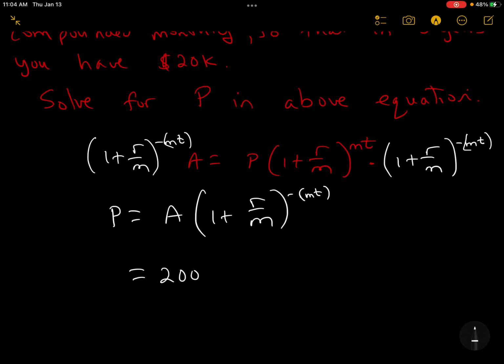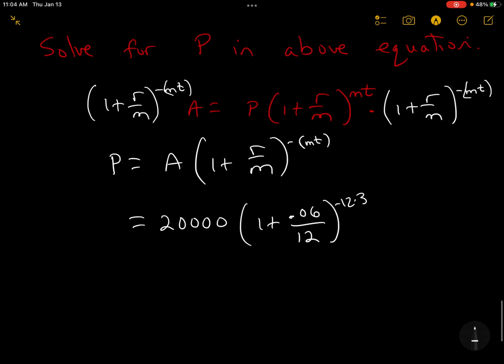Okay, so what do we want? We want $20,000 at the end of 3 years. Our rate is 6%. Our compounding is monthly, and it's minus 12 times 3.